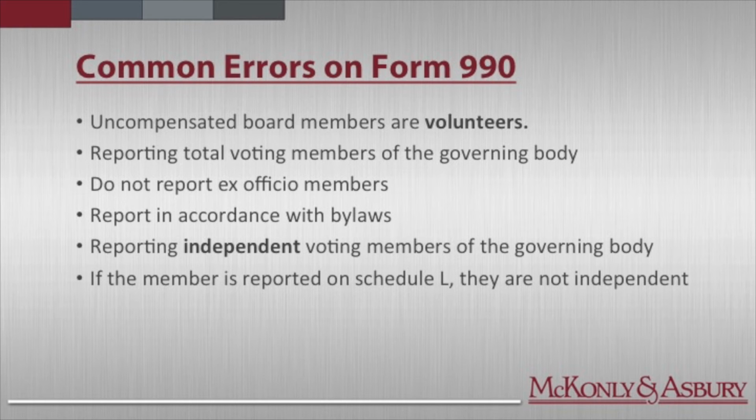Reporting total voting members of the governing body is also required on the 990. So you do not report ex officio members who do not vote. You also sometimes have officers in your organization, such as an assistant treasurer, a secretary, et cetera, that are actually officers in terms of your bylaws, but they're not voting members of your organization. So the key thing regarding voting members is to report in accordance with your bylaws.